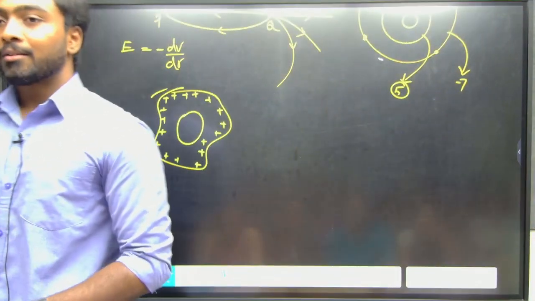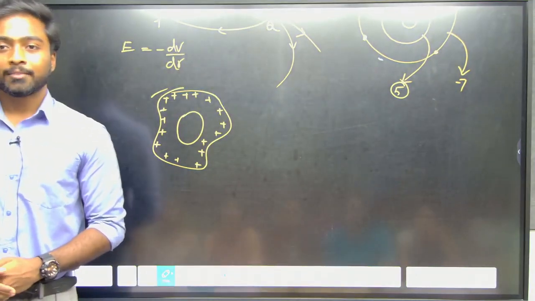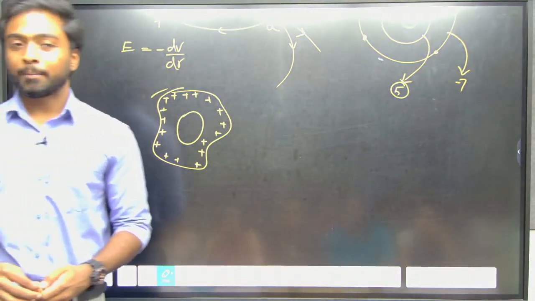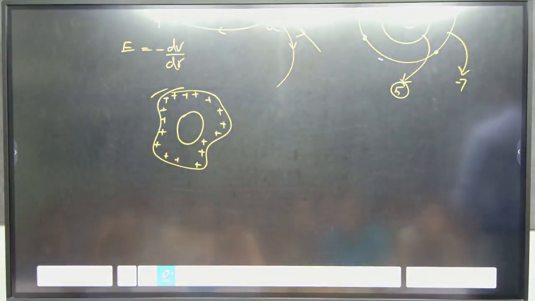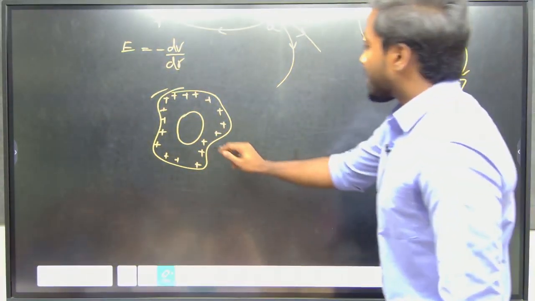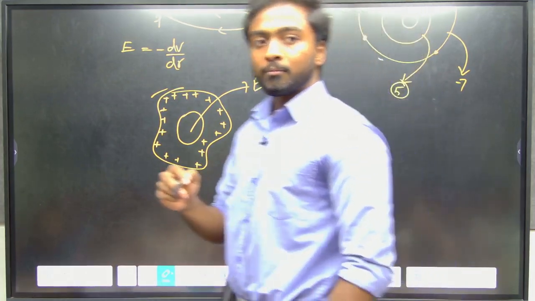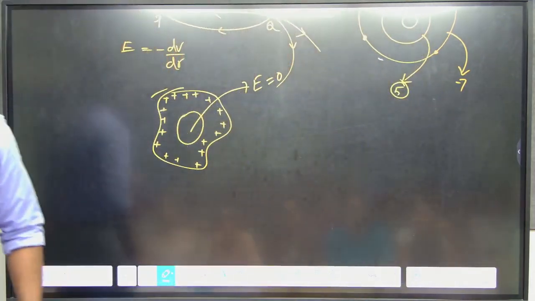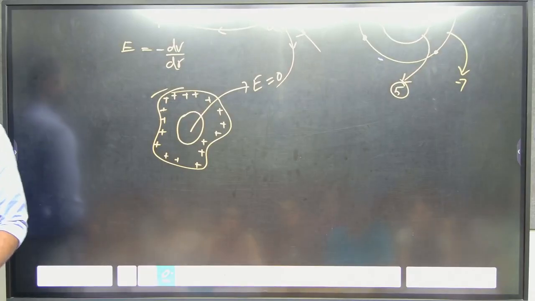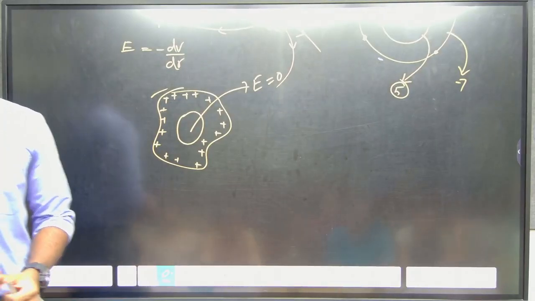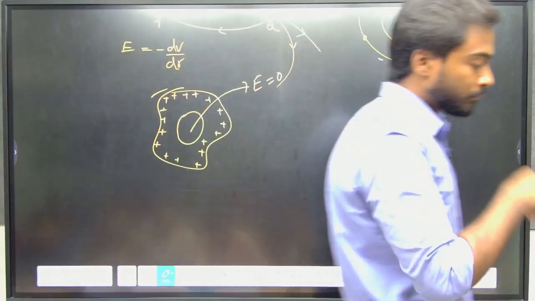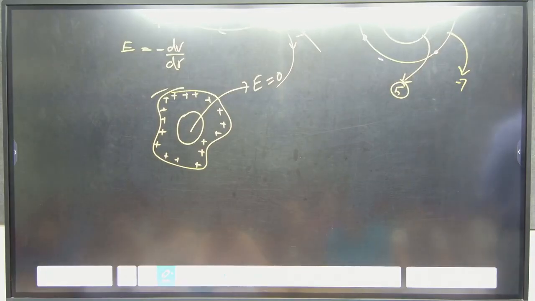And what is there in the center? Empty space will be there, which means the electric field at the center will be 0. Okay, the electric field at the center will be 0 for a conductor. You can take down the diagram.